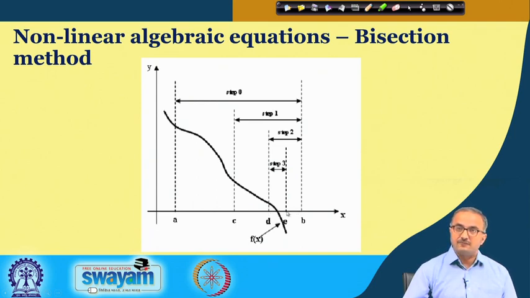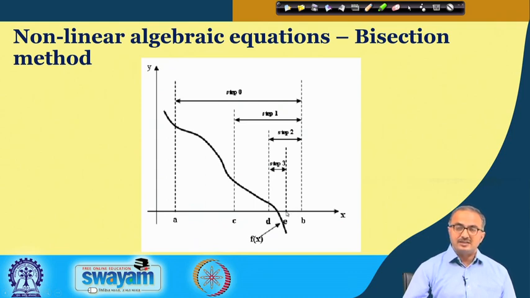Again I take another half value over here, and the product of this value with this value is positive, but the product of this value with this value is negative. That means this b should not be kept anymore. Now this value should be shifted to this. Next time I will shrink this region between D and E.